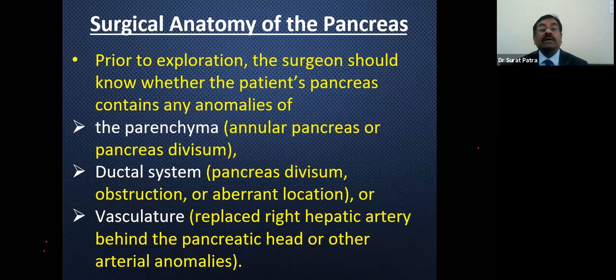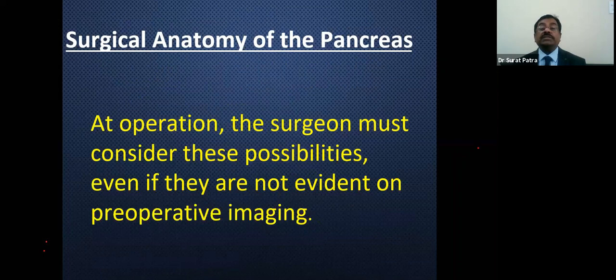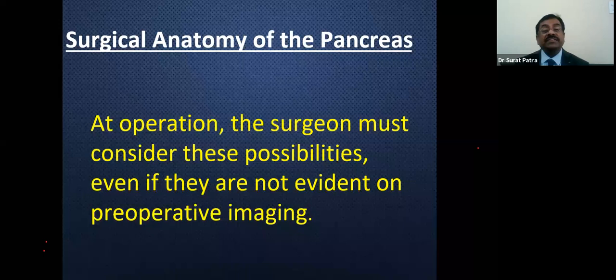Anomalies of parenchyma like annular pancreas or pancreas divisum. Anomalies of ductal system like obstruction, aberrant location. Anomalies of vasculature like replaced right hepatic artery behind the pancreatic head or other arterial anomalies. At operation, the surgeon must consider these possibilities even if they are not evident on preoperative imaging.